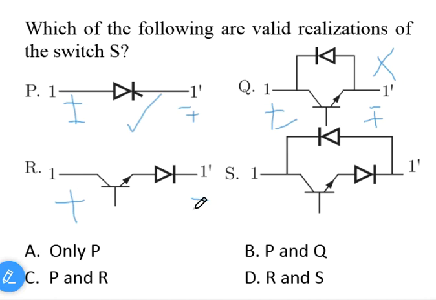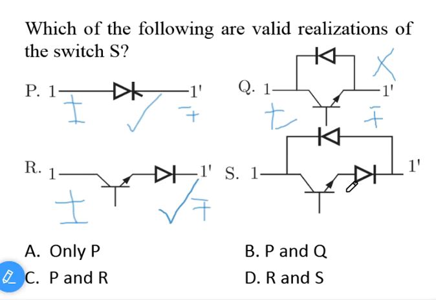Similarly, if I give a reverse voltage, this diode will block it. Irrespective of the condition of the BJT, this will block the reverse voltage. Means I can say that this can block forward voltage as well as the reverse voltage. And it will allow current only in the direction of the arrow of the diode. Therefore, this is considered to be another right choice.